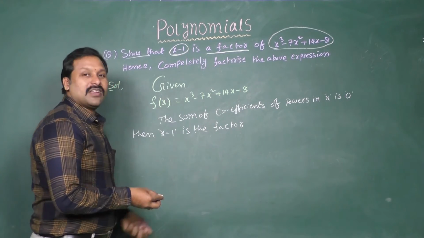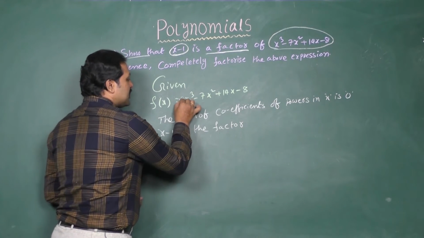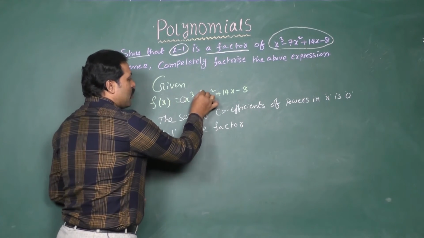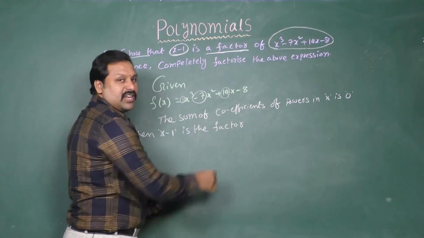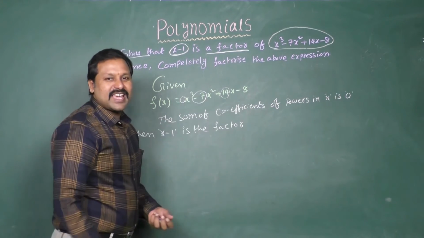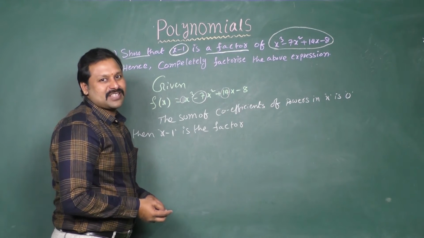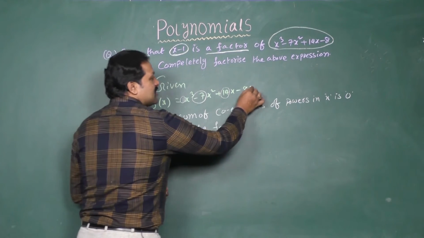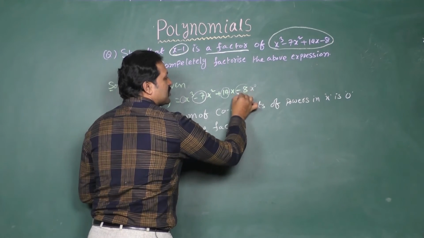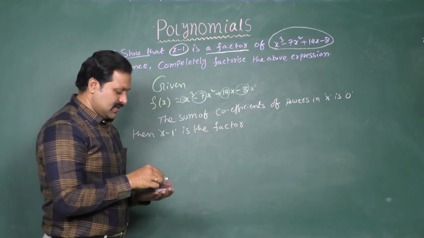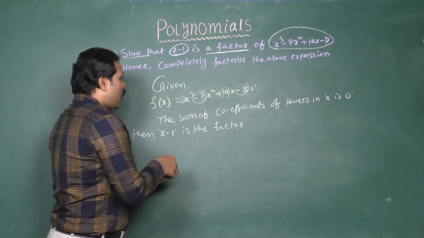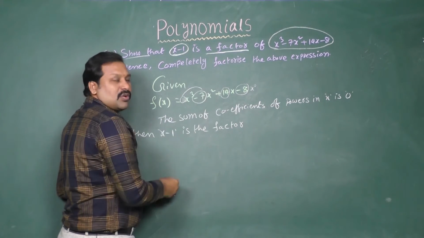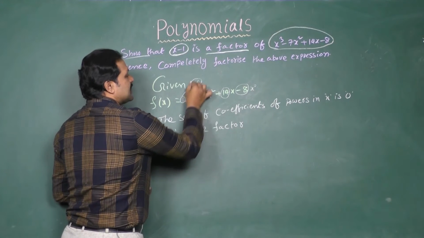So observe here, the x cube coefficient is 1, the x square coefficient is minus 7, the x coefficient is 14, and the constant is minus 8. The constant is the coefficient of x power 0, that is minus 8. Now add these coefficients. 1 minus 7 is minus 6.